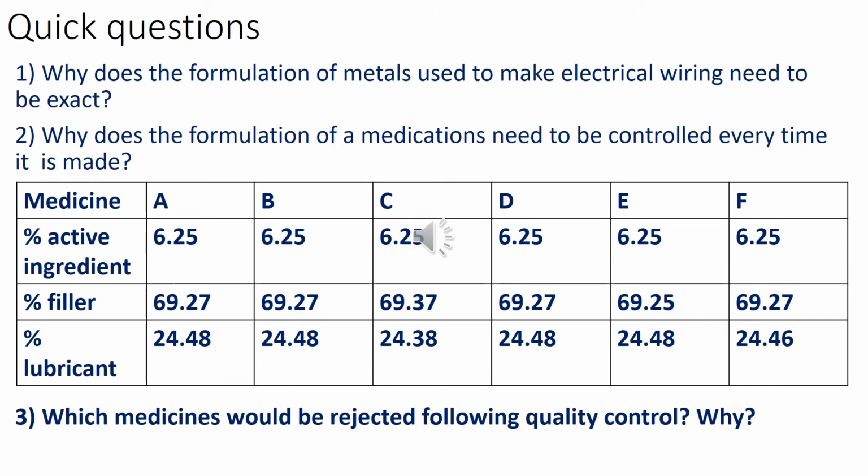You have different types of medicines, medicine A, B, C, D, E, and F, with a different percentage of active ingredients, different percentage of filler, and also different percentage of lubricant. So analyze the table and which one do you think would be rejected following quality control and why do you think this has happened? So pause the video and try to answer the following questions in your book.